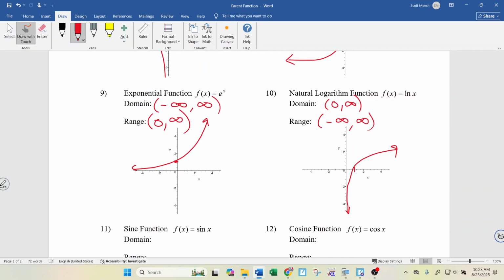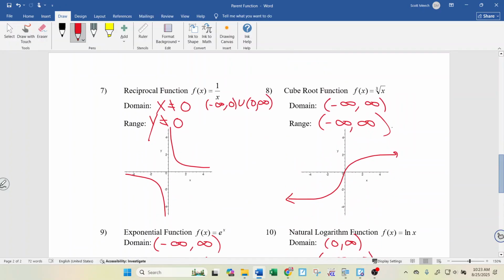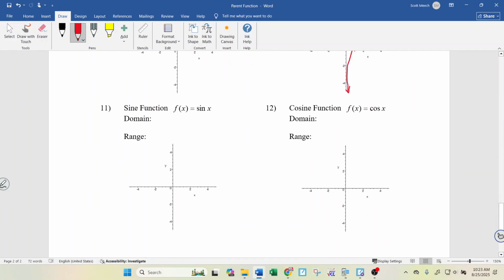And then finally sine and cosine, and we're going to spend a couple days on trig later on, maybe the end of this week or so. We'll see when we get there. So sine looks like this. Cosine looks like that.